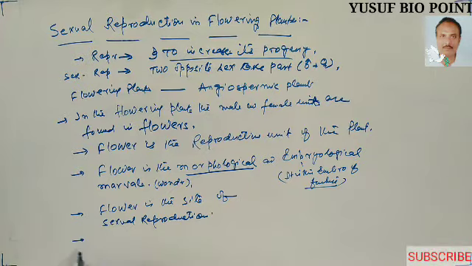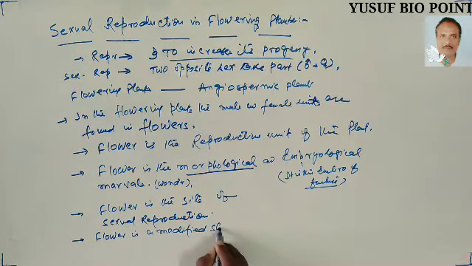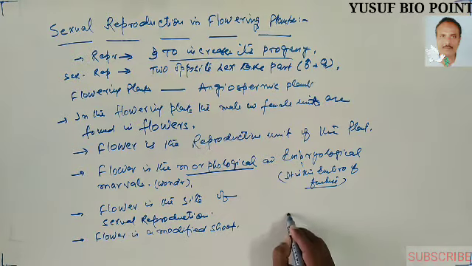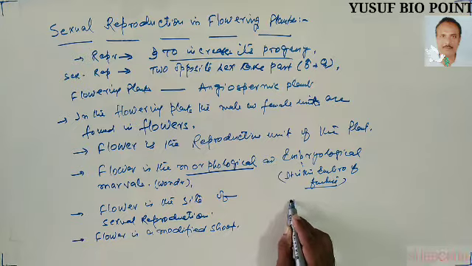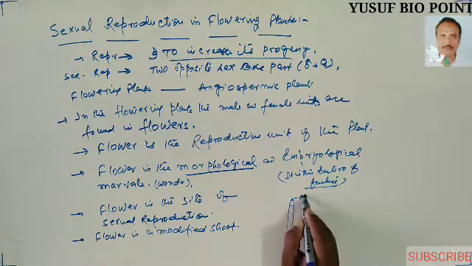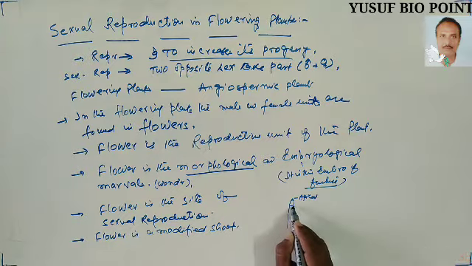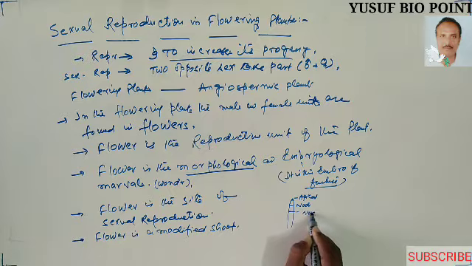And one thing, that flower is a modified shoot. Means when it is a stem or shoot, this is the apical portion, apical buds, these are the nodes.